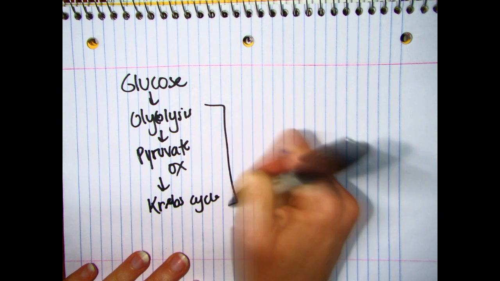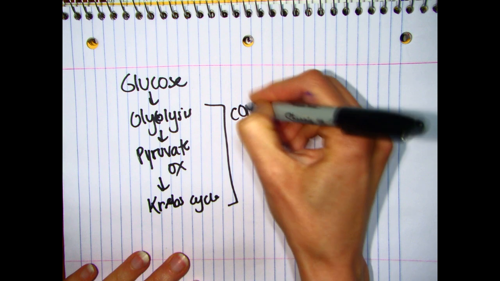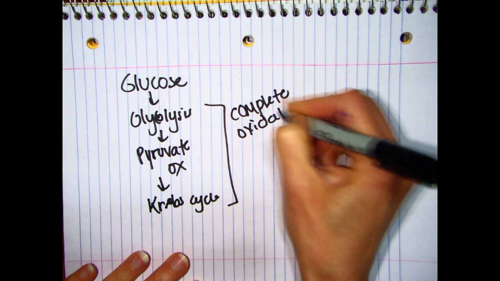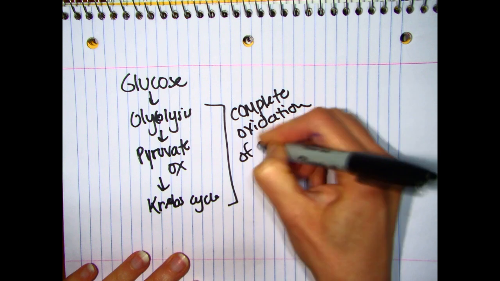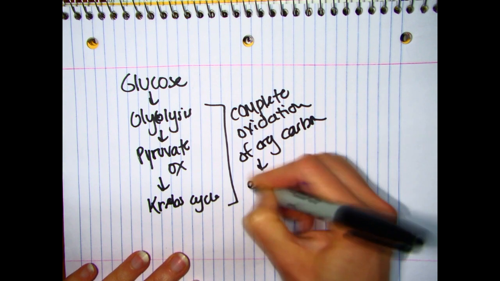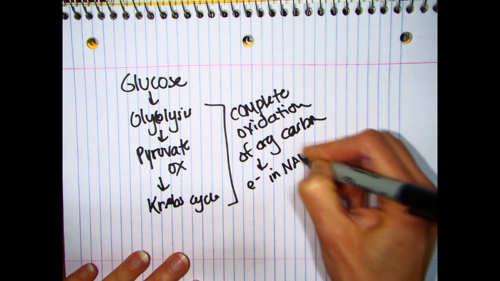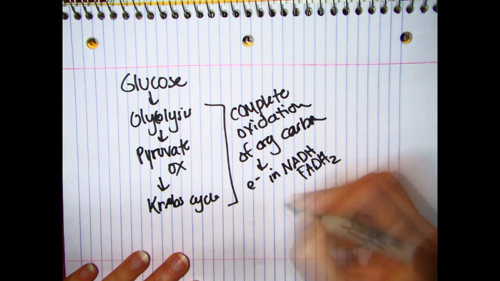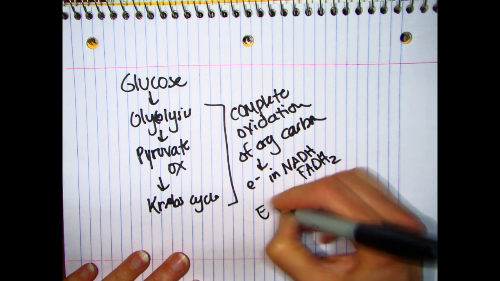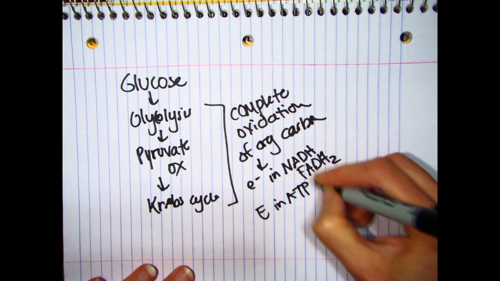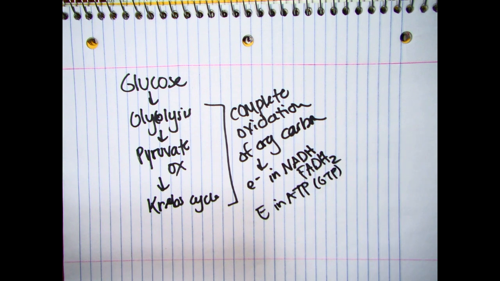And the job of these three steps is complete oxidation of the organic carbon, giving us electrons in mostly NADH and FADH2, and then energy in ATP, and like the GTPs that are made in the Krebs cycle.